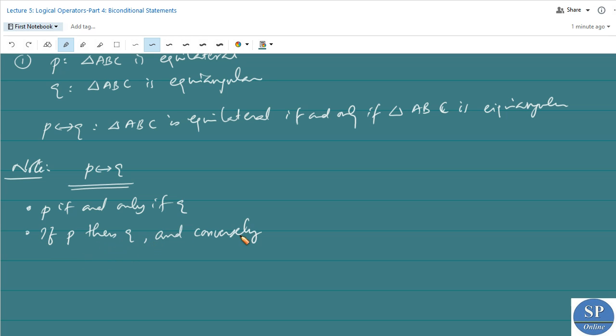Third one is P iff Q. Fourth one is P is necessary and sufficient for Q.